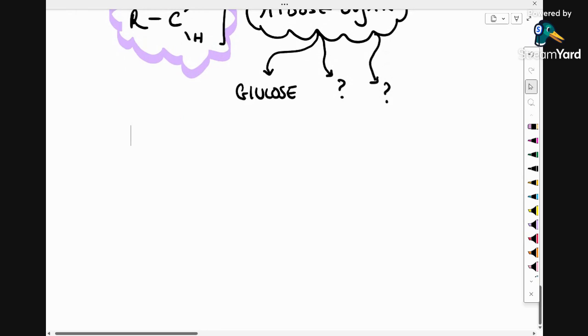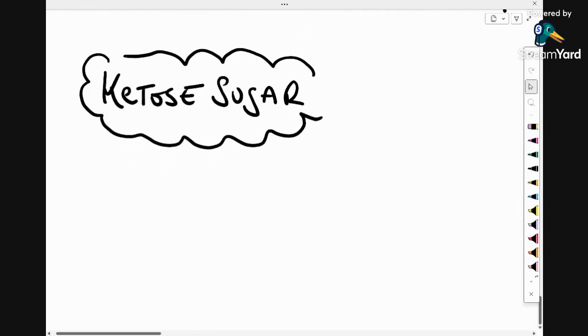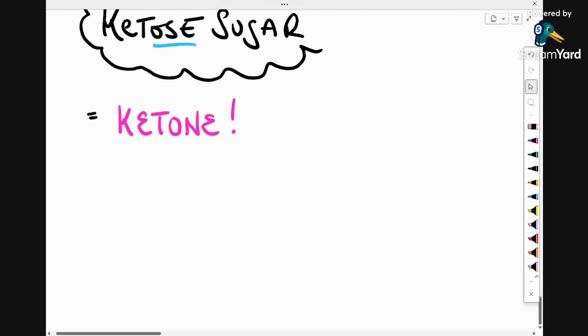I mention this because you need to know one more, which is you can be a ketose sugar. And again, quite simply, this means you're ose, you're a sugar, and you have a ketone functional group. So I'm going to do that in pink here. You have a ketone functional group rather than an aldehyde.